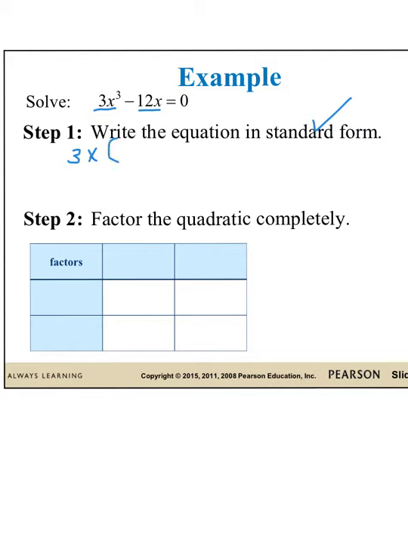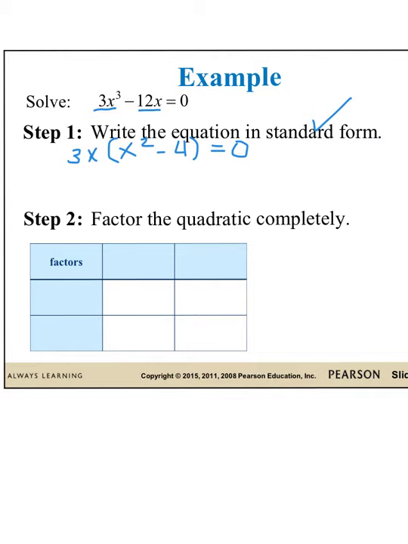And if we factor out 3x from 3x cubed, we're left with x squared minus 4. And that equation is now in a standard form.